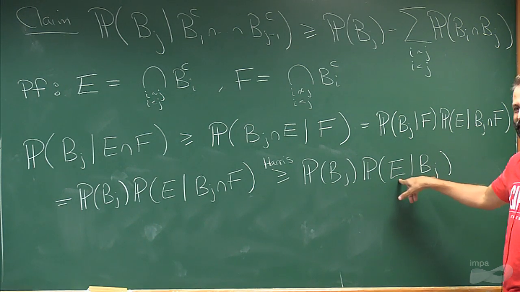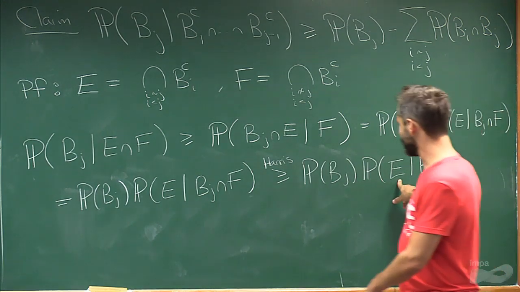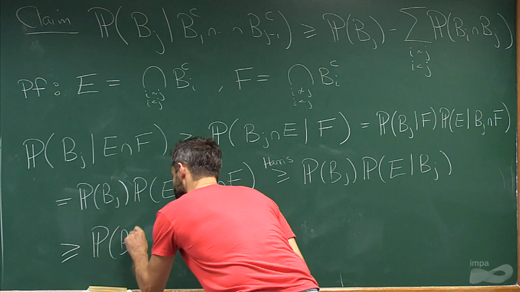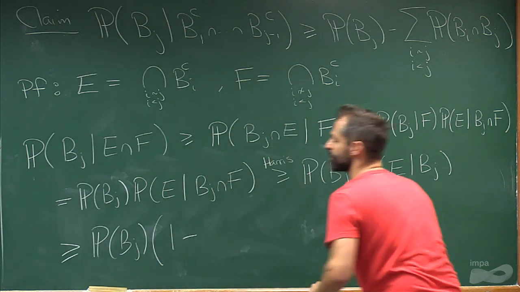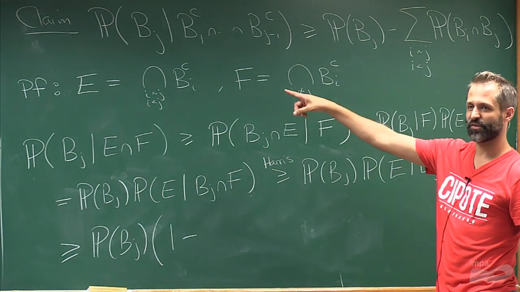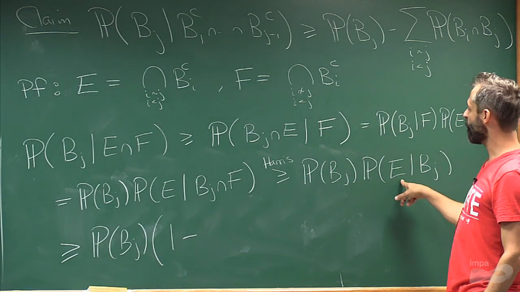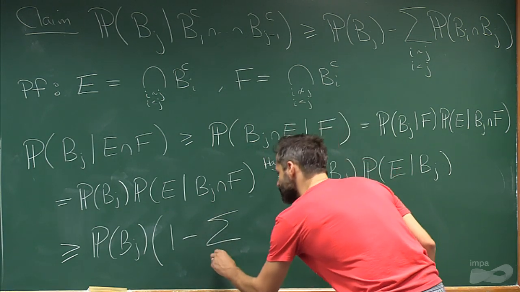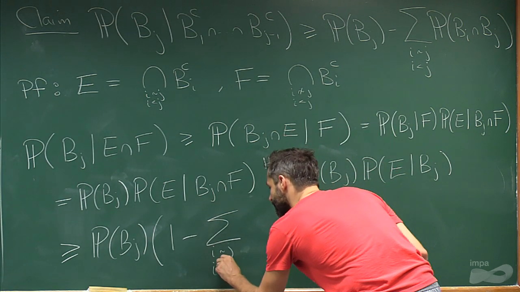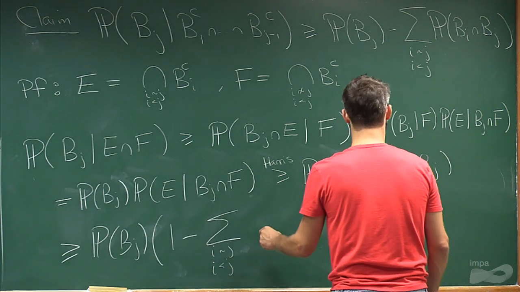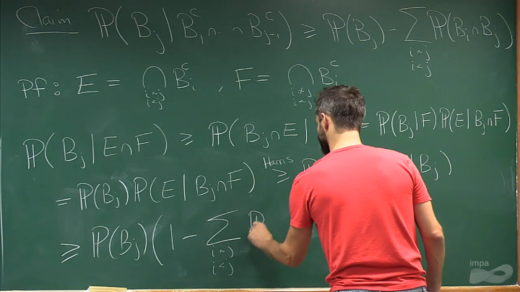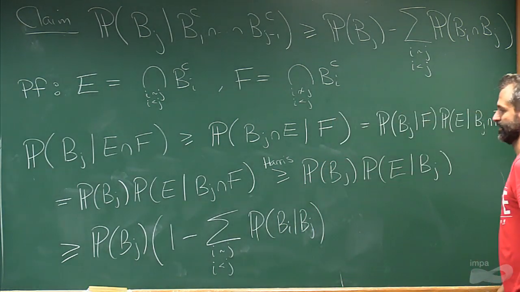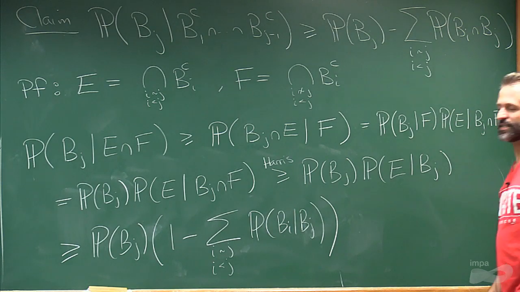OK, but now we're almost done. So how do we deal with this thing? Well, I claim this is at least probability of Bj times 1 minus... Now I'm just going to use the union bound on these events. E complement means that one of these guys occurs. That's at most the sum over i tilde j, i less than j, of the probability of Bi given Bj. This is just the union bound.